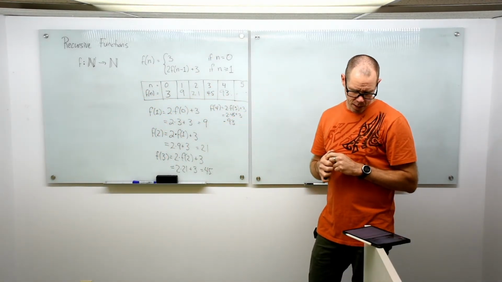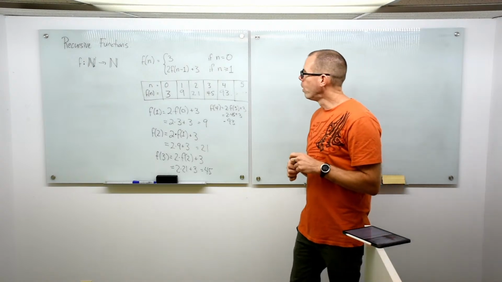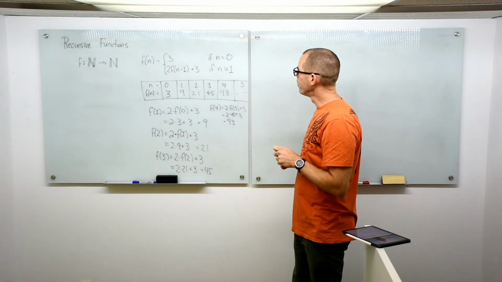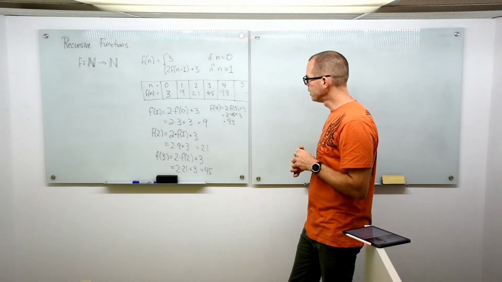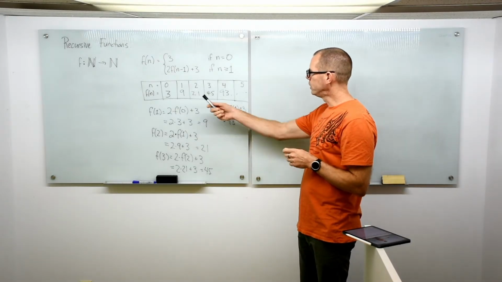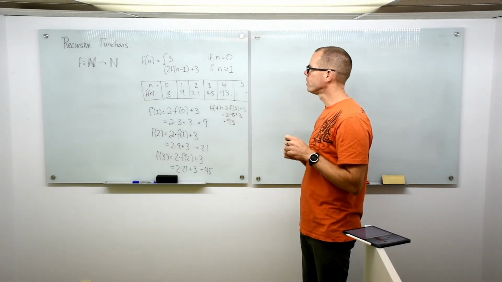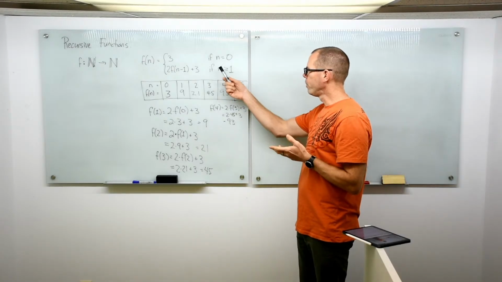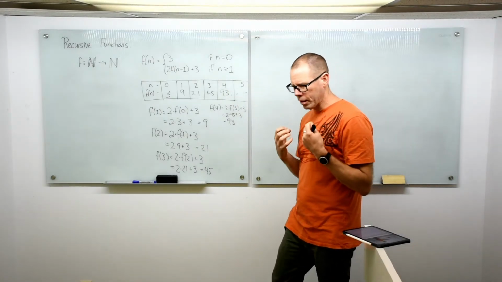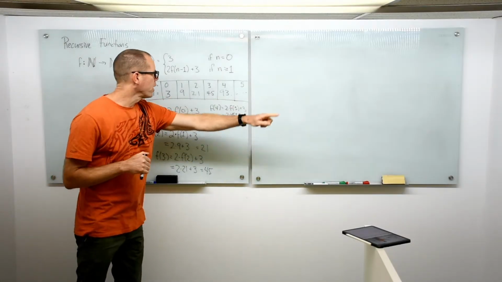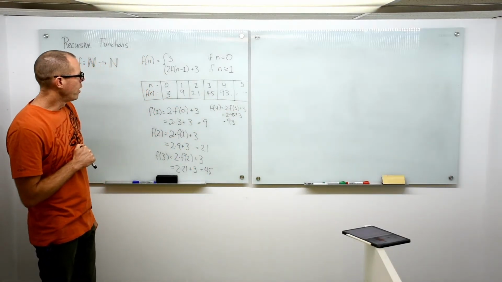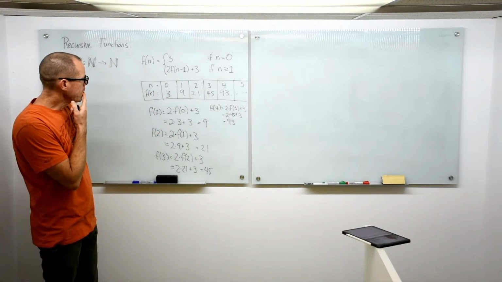But what it's not particularly useful for is for us really understanding, getting a feeling for this function. It's defined recursively, and for us it's hard to imagine what this thing looks like. We can write down lots of values to get an idea of what it looks like.